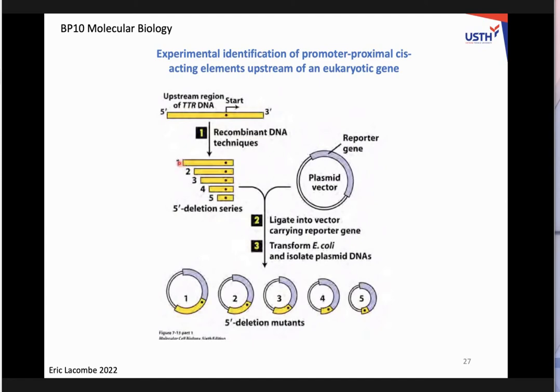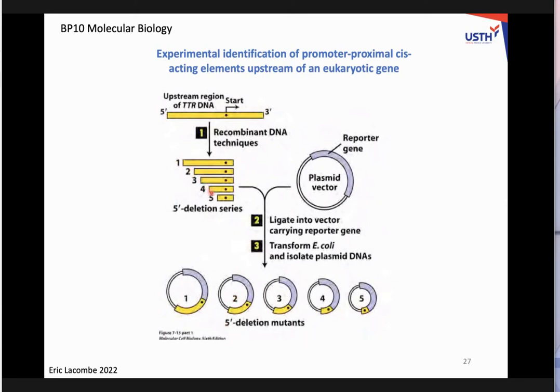So we've got, for example, construct number 1 will contain the full-length promoter fused to the reporter gene. It is this one at the bottom. Construct number 2 contains the promoter region, but deleted from this part of the promoter sequence, fused to the reporter gene and cloned inside the vector, and then you can check, and so on.